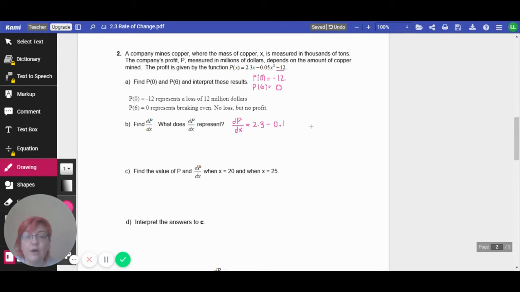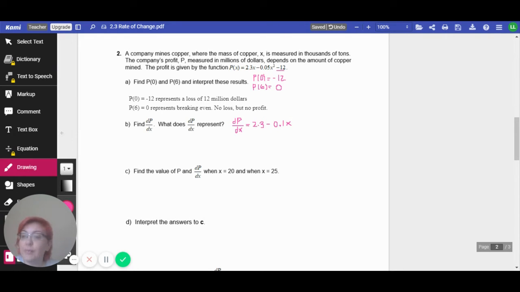And then negative 12, let's finish this. X to the n minus 1 is x to the 2 minus 1, which is just x to the 1. And then negative 12 is a constant, which will turn out as 0. So here we go. That is my gradient function.